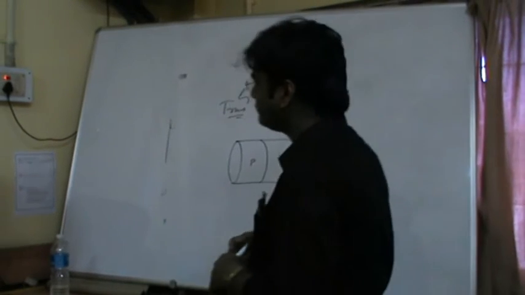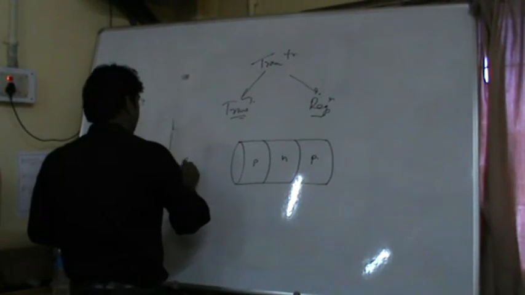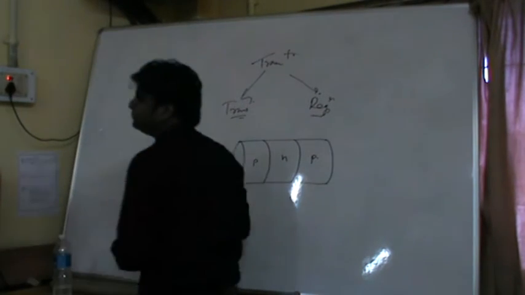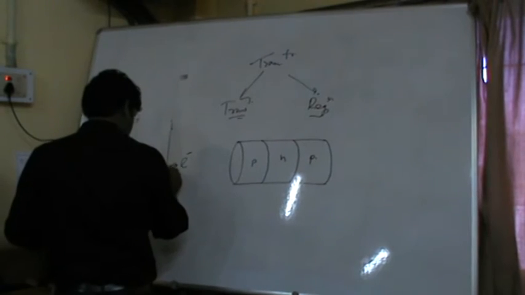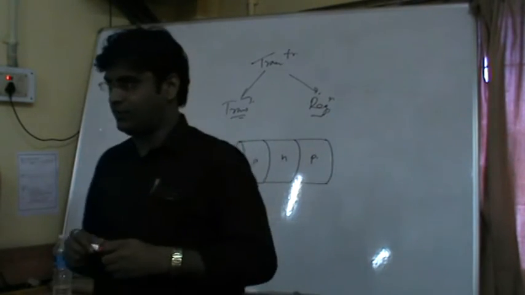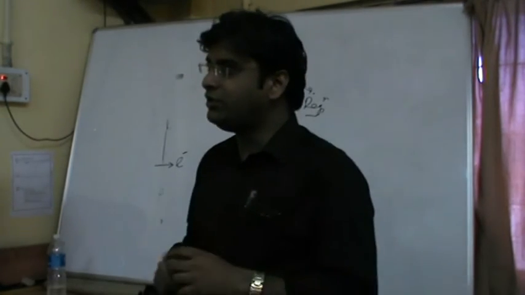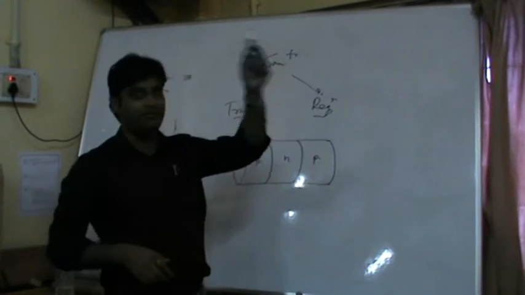Okay. Now, what I am doing, I am just sending one electron, forcing it from here to here, to go through this pipe. What I am doing actually, I am introducing the electron to pass through this pipe.